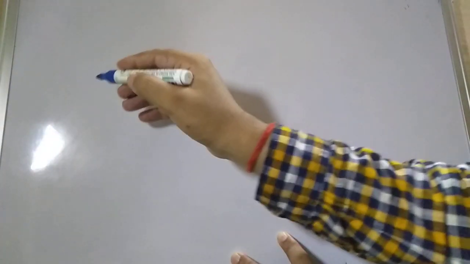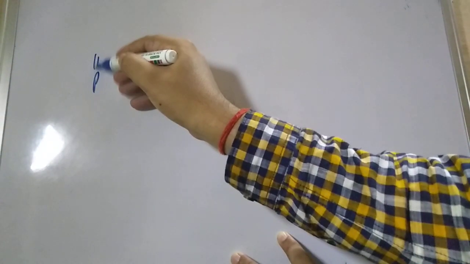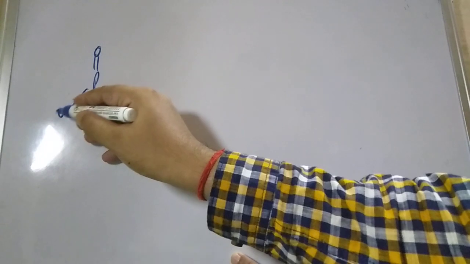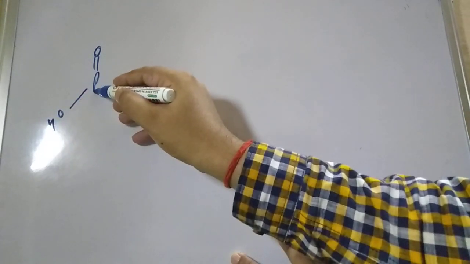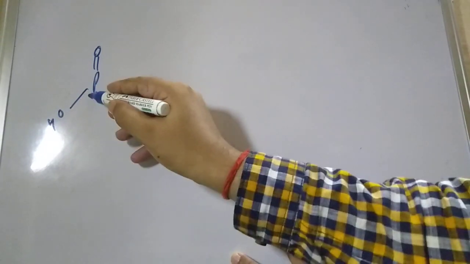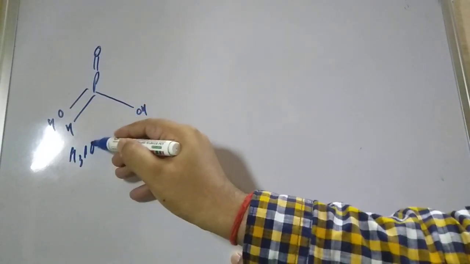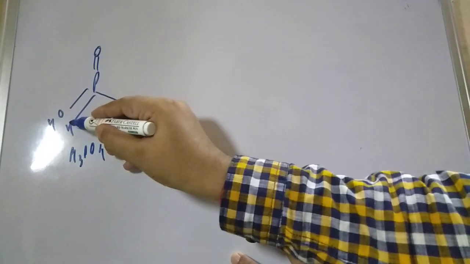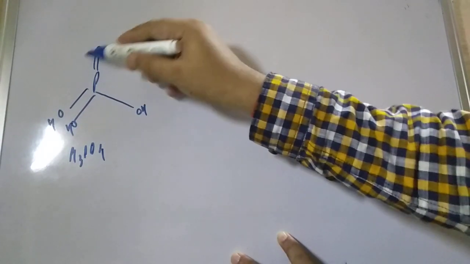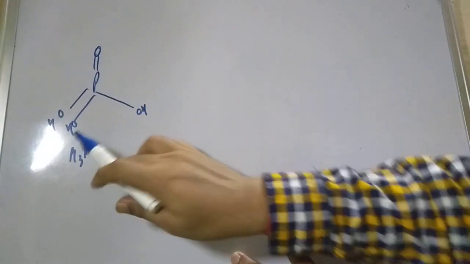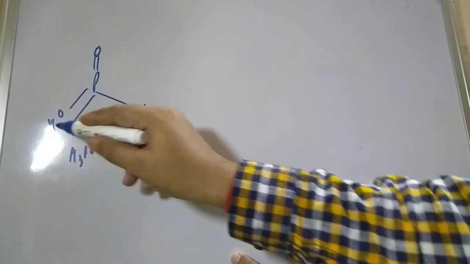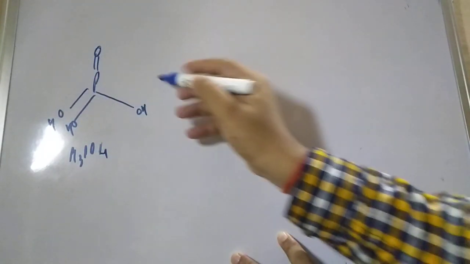This is the phosphoric acid formula: OH, again here OH, and here suppose H is there. So what is the formula? H3PO4. Now it is also OH. So you see 3 hydrogen, 1, 2, 3 hydrogen and 4 oxygen.